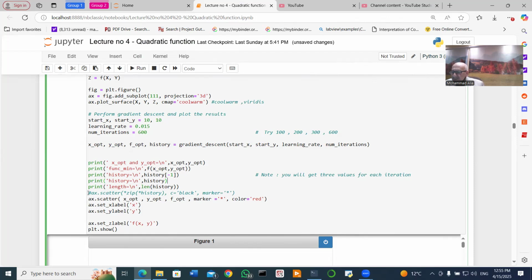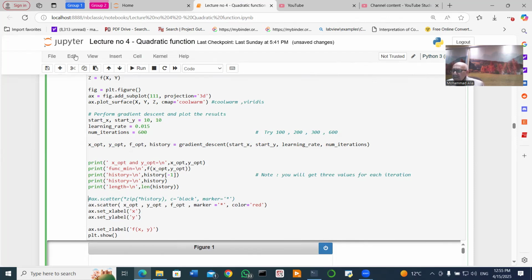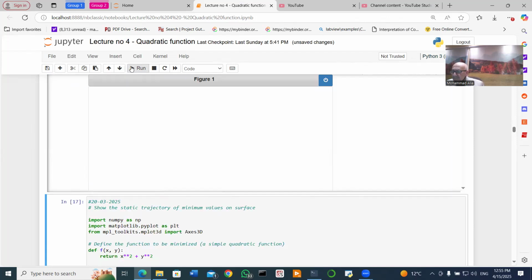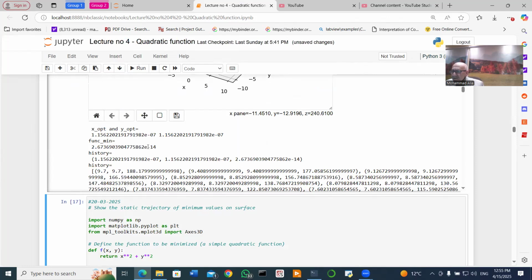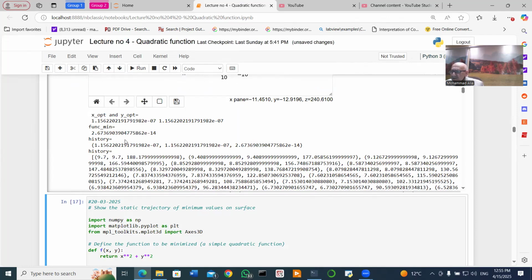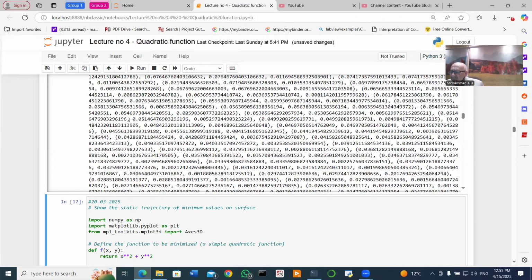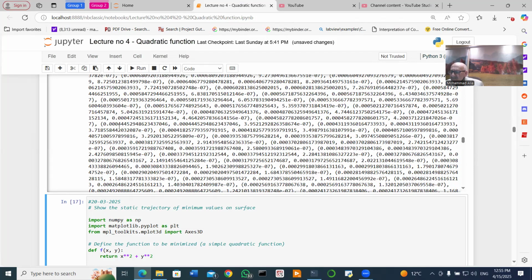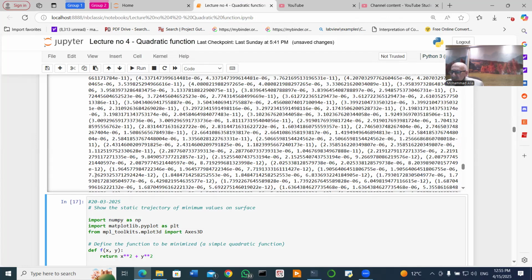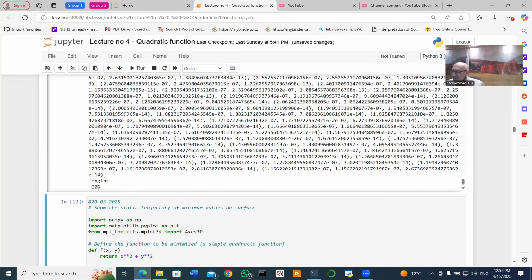And now let us print it again. What we have got, the length of the history, is maybe down, it will be down. The length is 600.